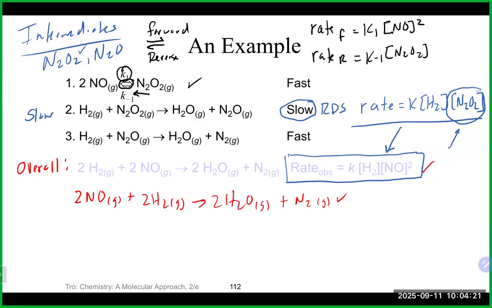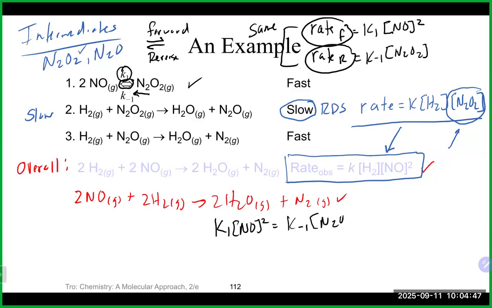They're going basically at the same rate, which means although I don't know what that number actually is, these two numbers are the same. And because they're the same values, we could set what's on the right-hand side equal to each other. So we could set K1 NO squared equal to K to the minus 1 N2O2.